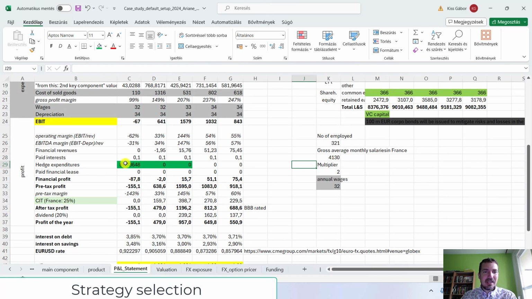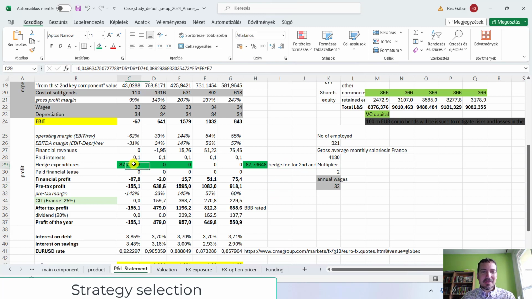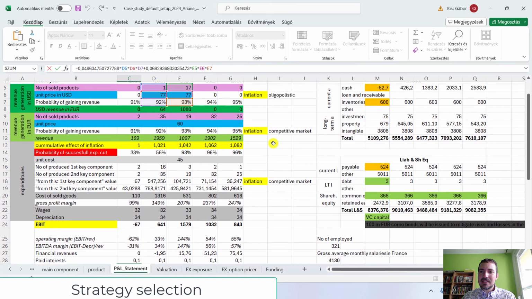So I have to cut this back. Let's keep it here. So that was original. Second and third year. But I don't have such amount of money, so I have to scale it back.